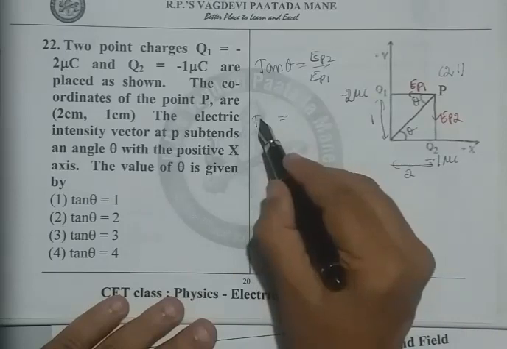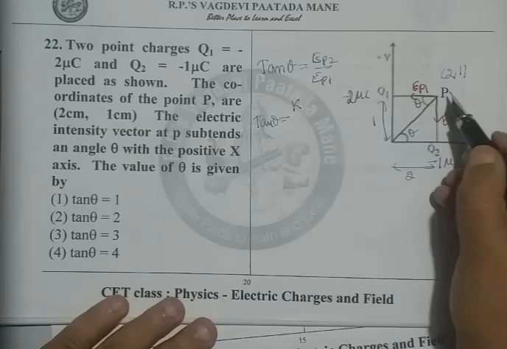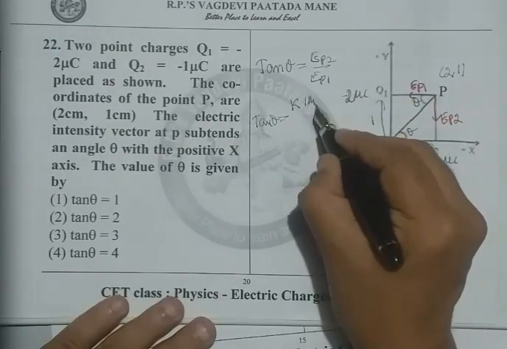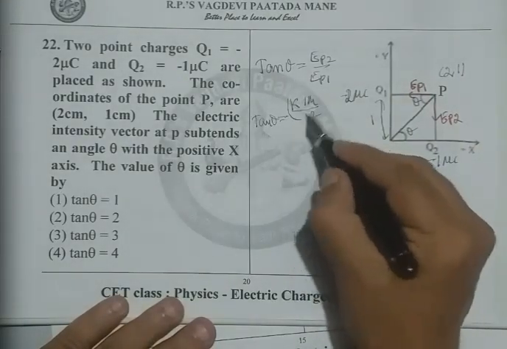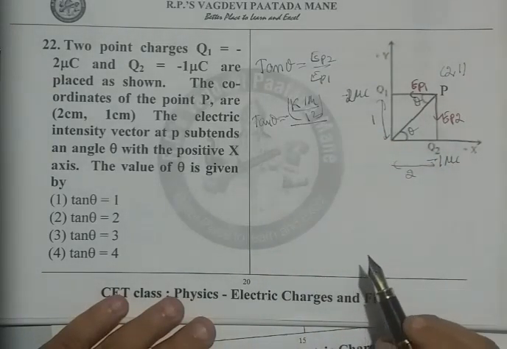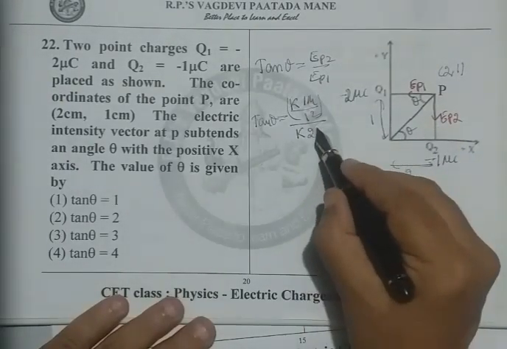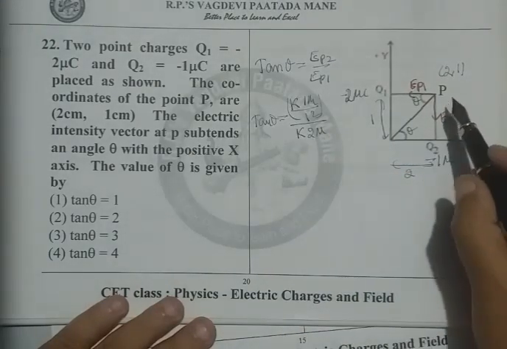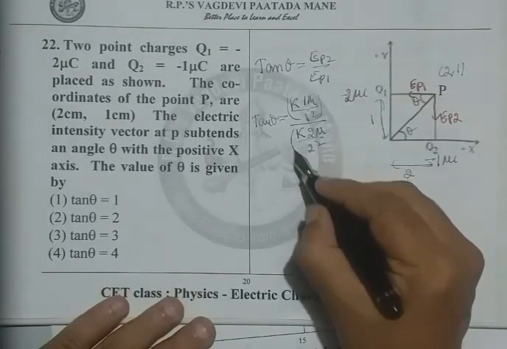But we can substitute for EP2 and EP1. EP2 means K, 1 microcoulomb, 1 micro by distance 1 square, divided by EP1. EP1 is K 2 micro divided by distance 2 square.